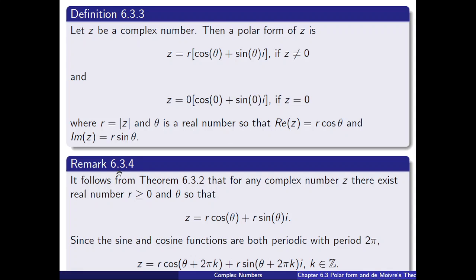Then let's look at remark 6.3.4. So it follows from theorem 6.3.2 that for any complex number z, there exists a real number r and a theta, so that z is equal to r cos theta plus r sine theta i. Now, since the sine and the cosine functions are both periodic with period 2 pi, z will also be equal to r cos(theta + 2 pi k) plus r sine(theta + 2 pi k) i, where k is any integer that you pick.